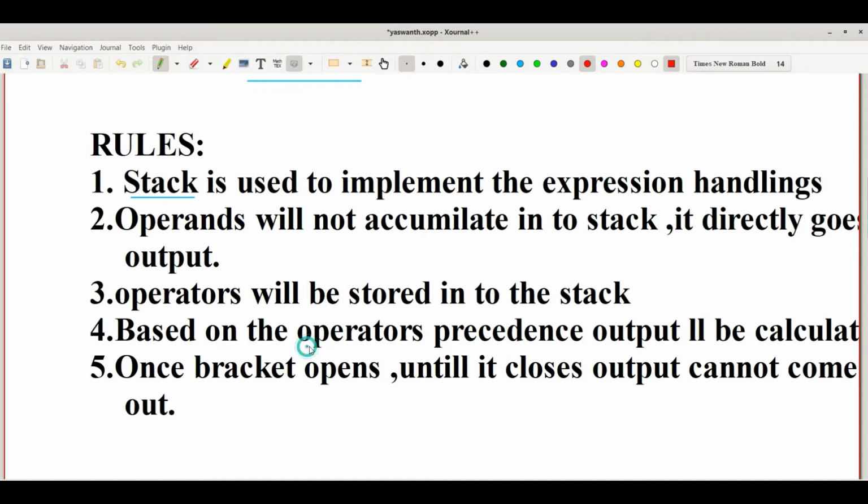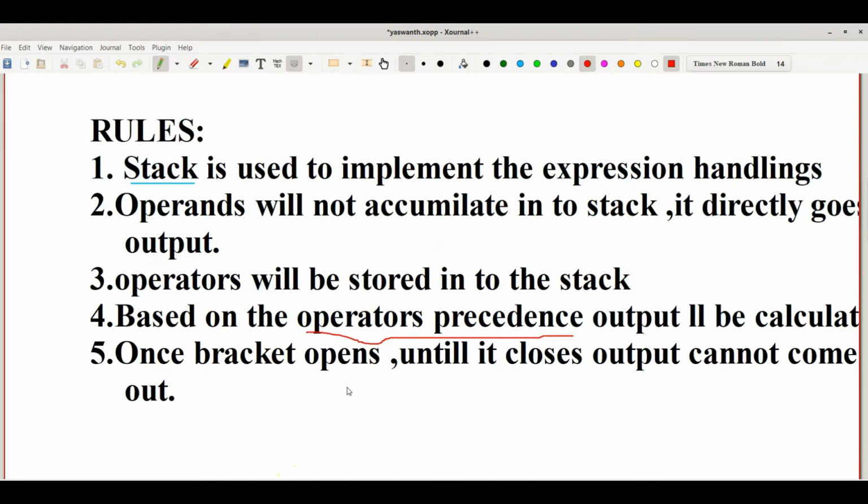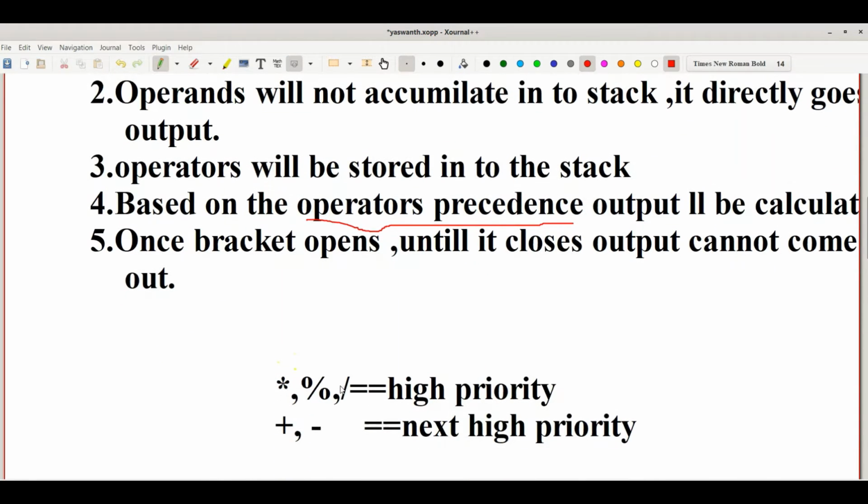Based on the operator precedence, the output will be calculated. Operator precedence means multiplication, modulus and division have the highest priority.